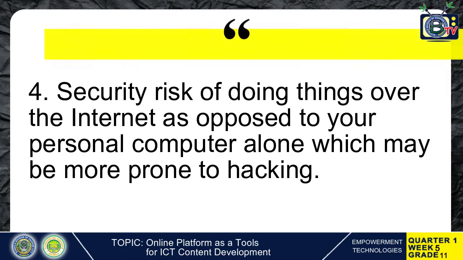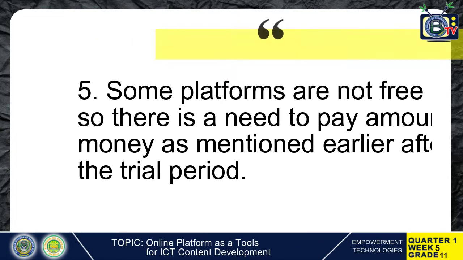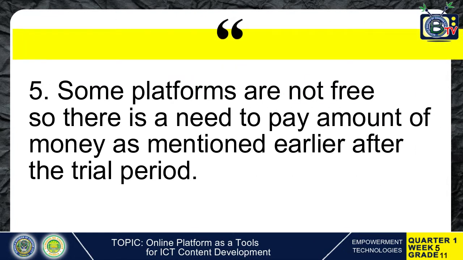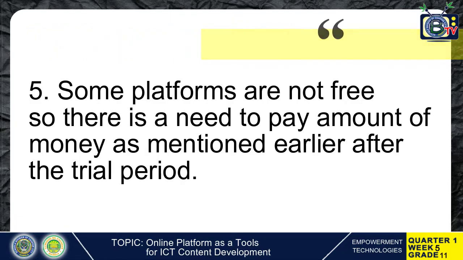Number 4, security risk of doing things over the internet as opposed to your personal computer alone, which may be more prone to hacking. Number 5, some platforms are not free, so there is a need to pay an amount of money, as mentioned earlier, after the trial period.